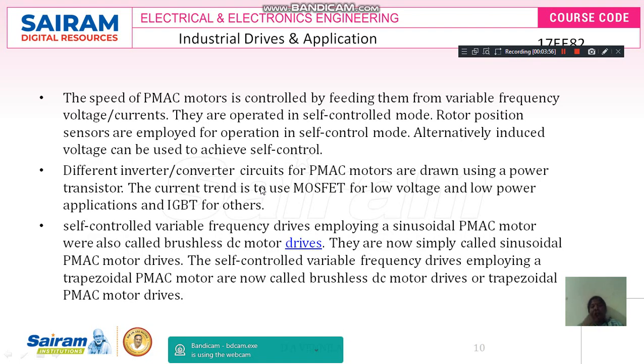Now, the speed of the permanent magnet AC motor is controlled by feeding it from variable frequency, voltage, and current. The permanent magnet motors are operated in self-control mode, and alternatively the induced voltage can be used to achieve self-control.